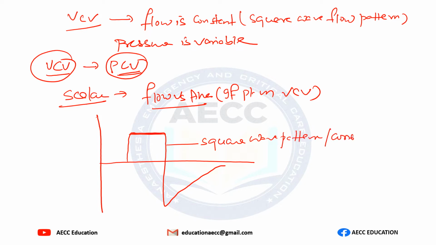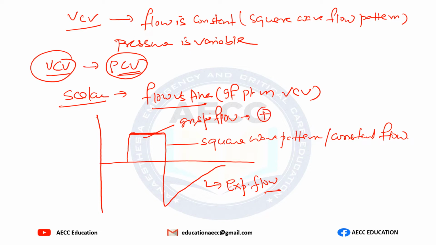This is the inspiratory flow and expiratory flow. Inspiratory flow is always positive on positive pressure ventilation, and expiratory flow is negative.